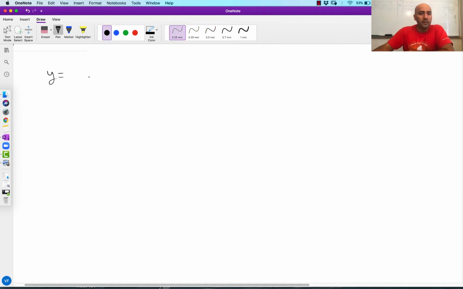Say y equals 1 over ln of x. Find y prime. Okay, so first thing I would do is rewrite this so that it equals ln of x, and then the whole thing is raised to the power of negative 1. Okay, so now we can use our chain rule.